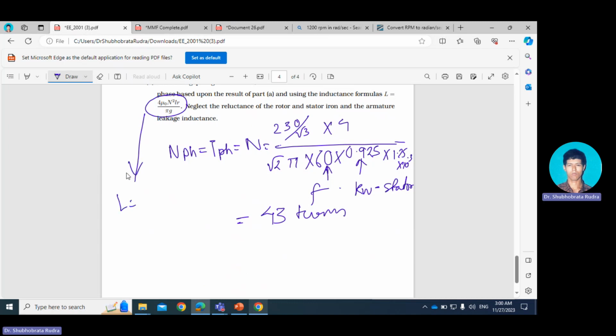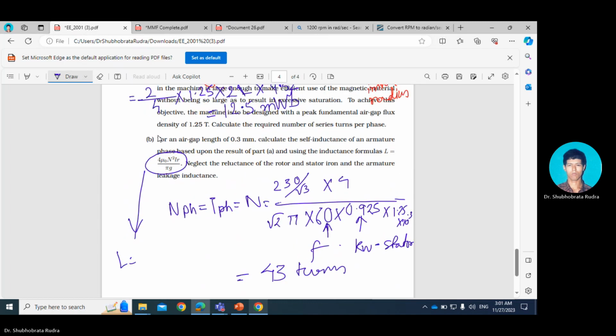L is equal to your 4 mu 0, you should put it, that how much L you'll have here. You should have 21.2 millihenry, right?